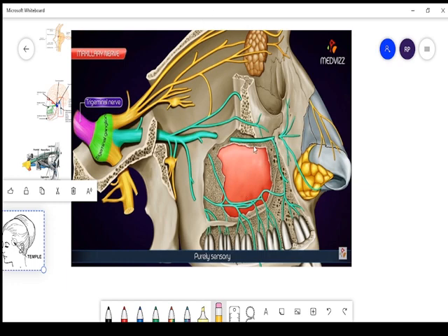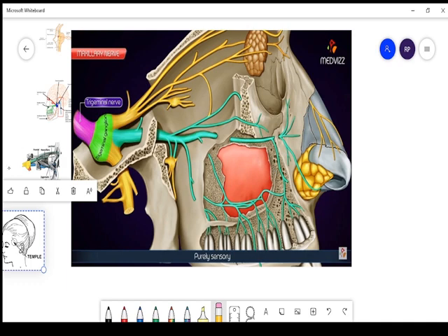Then I am coming here, that is the orbit. This is the anterior superior alveolar nerve. It comes downwards along the anterior border of the maxillary sinus through a bony canal. This canal is known as canalis sinuosus.